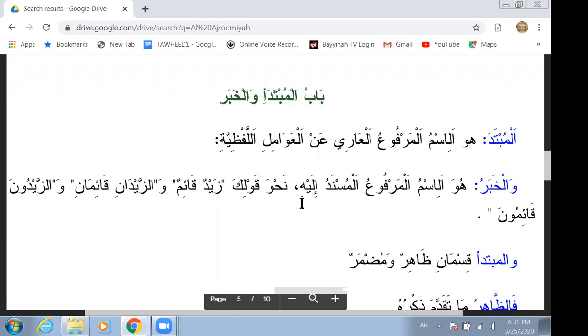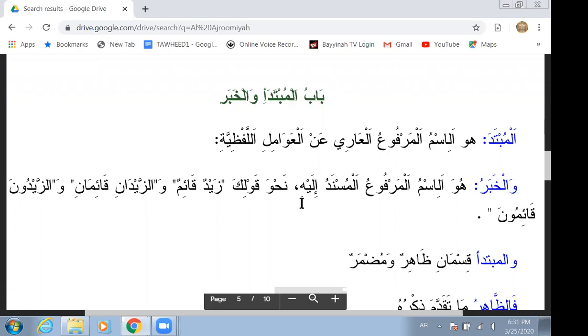وَزَيْدَانِ قَائِمَانِ, and two Zaids are standing. وَزَيْدُونَ قَائِمُونَ, and multiple Zaids are standing. So the first example is the singular. We see that if the mubtada is singular, the khabar is also singular. The second case, زَيْدَانِ قَائِمَانِ, when the mubtada is a pair, the khabar is also a pair.